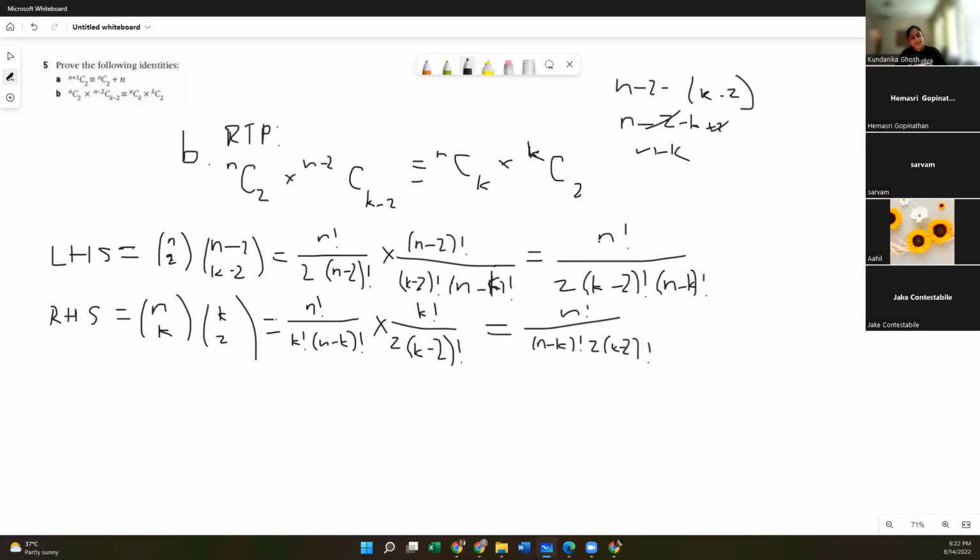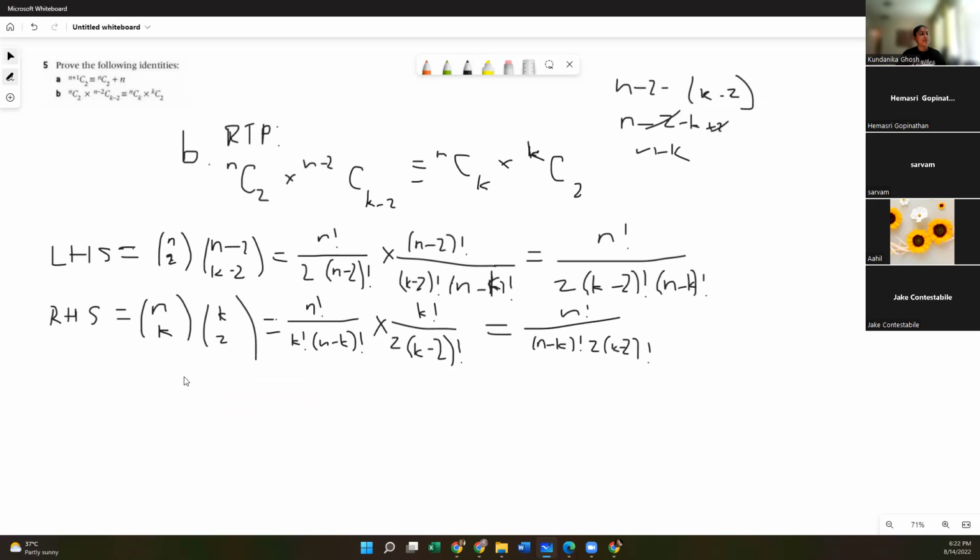So notice here how your numerator is the same, and your denominator is actually the same. It's just in a different order. So remember what we said before, where we want to make sure that your left-hand side and your right-hand side look the exact same, just so we can further emphasize the fact that they're completely identical.